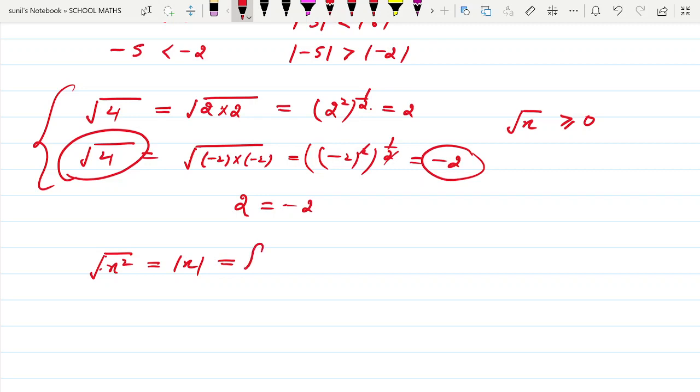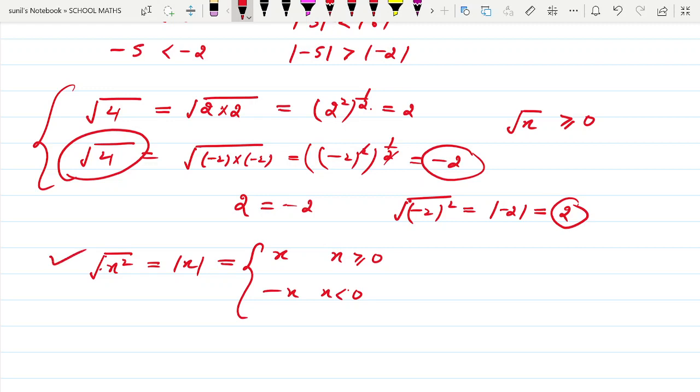And how do we define mod of x? Mod of x is x when x is greater than or equal to 0, and minus x when x is less than 0. So now if you write under root of minus 2 square here, it turns out to be mod of minus 2. And what is mod of minus 2? It is 2. So this is the correct version of the definition.